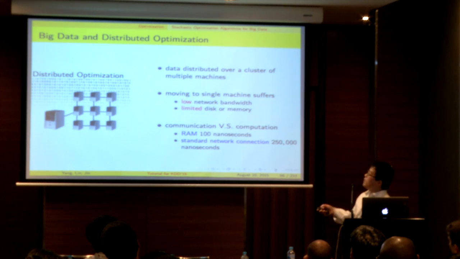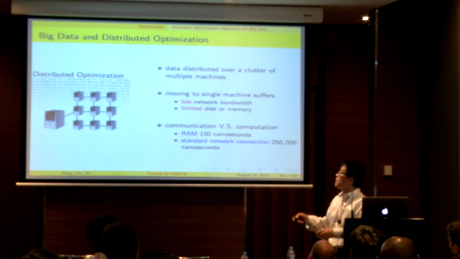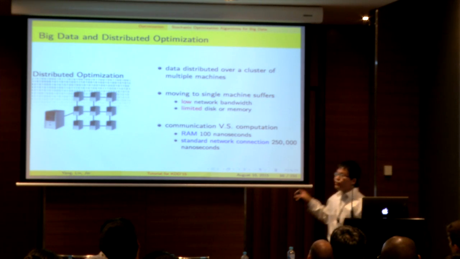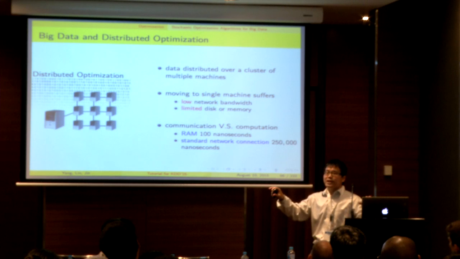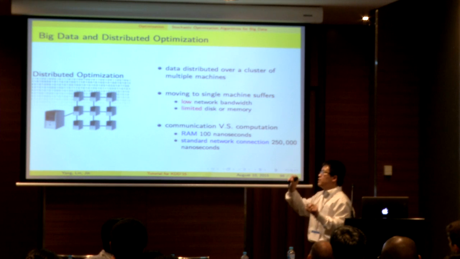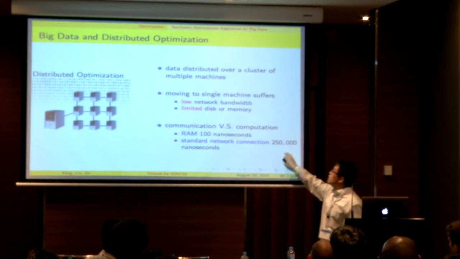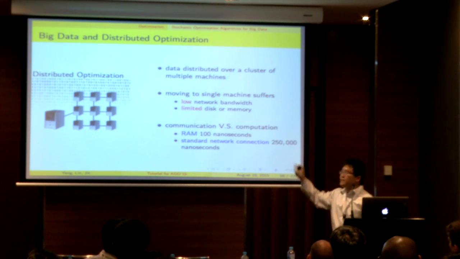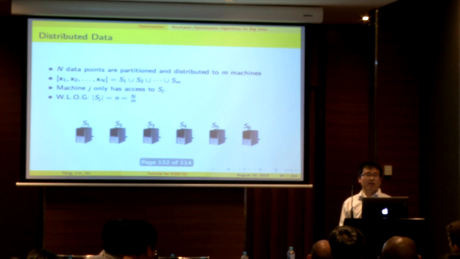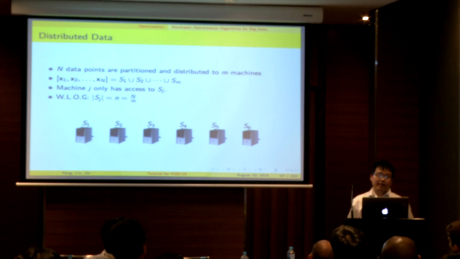If you do every calculation on a single machine, you can read the data in memory usually in a scale of 100 nanoseconds. However, if you do the optimization over multiple machines, you have to transmit the solution between different machines, which is usually on a scale of a few hundred thousand nanoseconds. So the new challenge we face is not just the local running time, it's also the communication time. I will talk about that later.